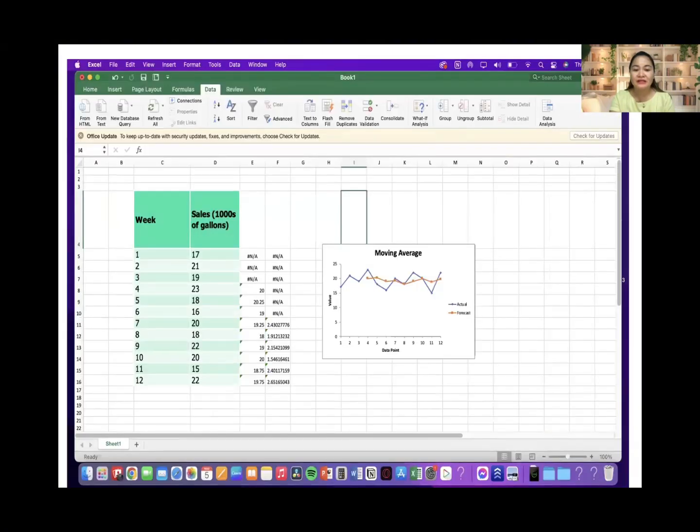If you're going to forecast week 13, you can just add 20 plus 15 plus 22, using the forecast in week 12. So be sure you do the correct one, since your forecast in week 4 is used in solving the next. So you accumulate the result.